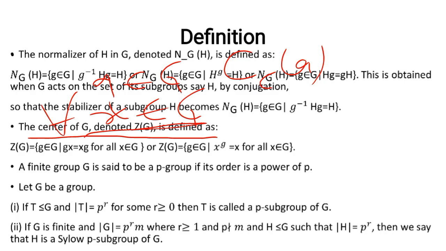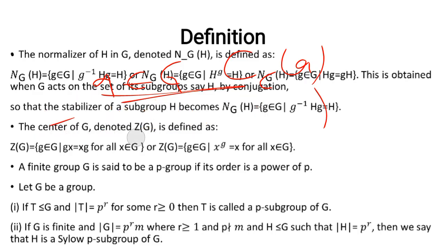For the center, it is all the elements that can do just that. They can have conjugation acting on them, as you have for a single element when you're looking for the centralizer. Okay, so three main things that are similar but not the same.